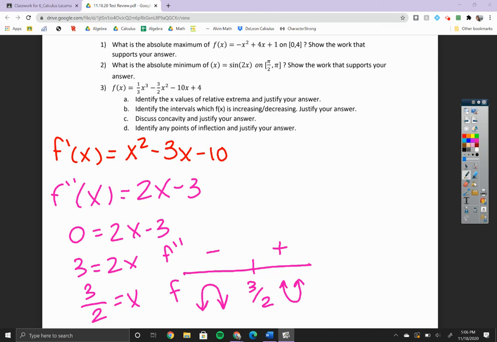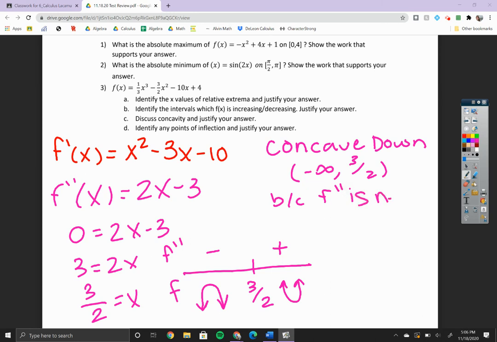So now we can answer C and D. So for C, discuss concavity. So we can say concave down on the interval from negative infinity to 3/2, because f double prime is negative.